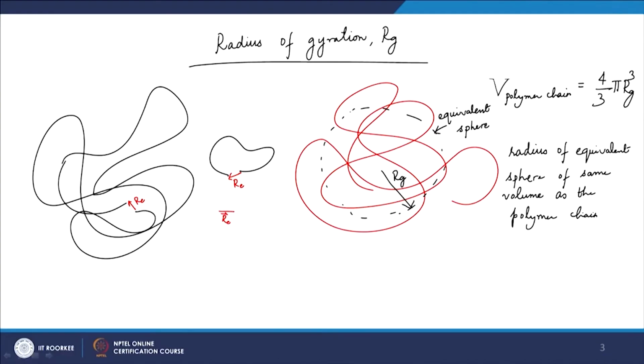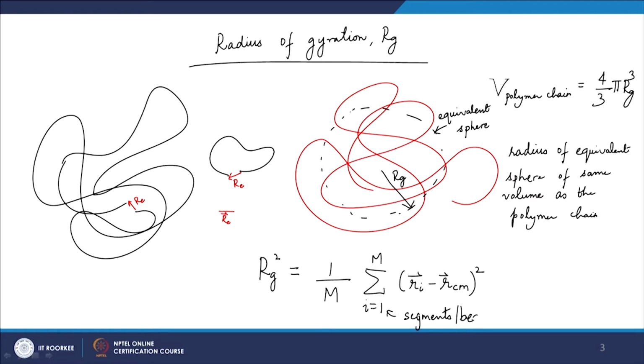So, by definition, the Rg squared is defined as the average of the squared distances of the segments from the center of mass, where i may represent the segments or the beads of the polymer chain, depending on how we are representing it.